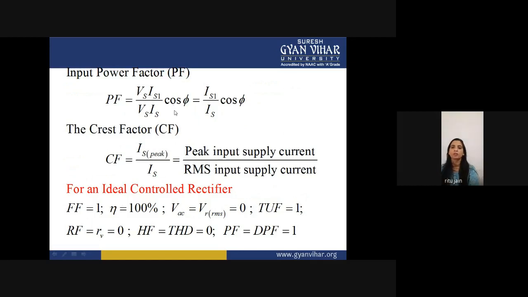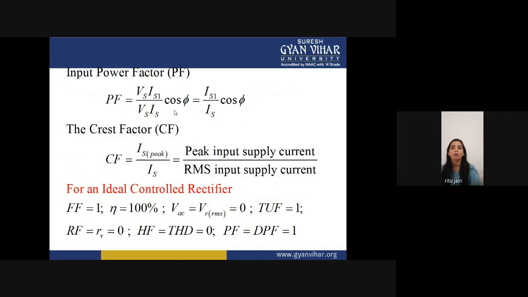So these are the different components we have studied, and they have some ideal values. If the controlled rectifier had these ideal values, it would have very good performance. The form factor for an ideal controlled rectifier must be 1. If the form factor is 1, then the efficiency of the controlled rectifier will be 100%.